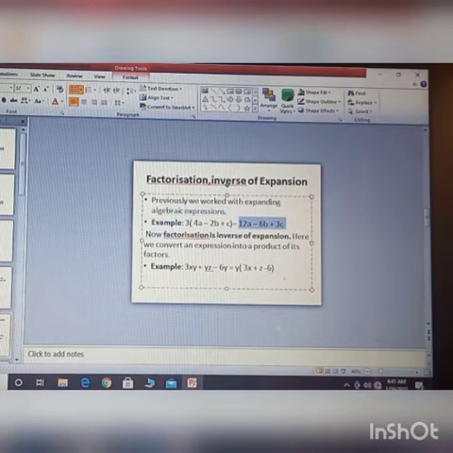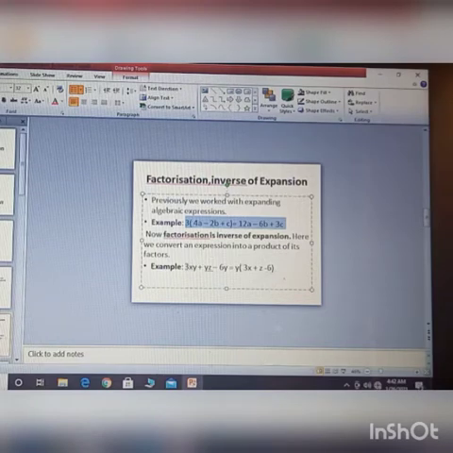So while opening the bracket, if any constant or variable is written, you multiply it with each element and you get this answer. This method is called expansion, or expanding something. Now how factorization is the inverse of expansion is to be understood. Here we convert an expression into a product of its factors.